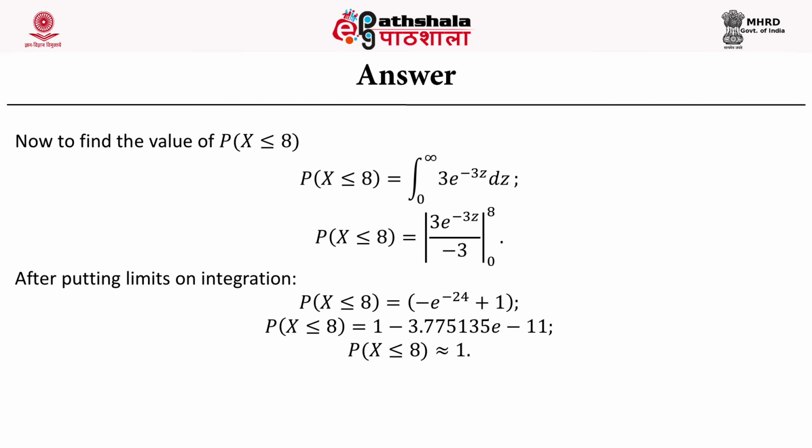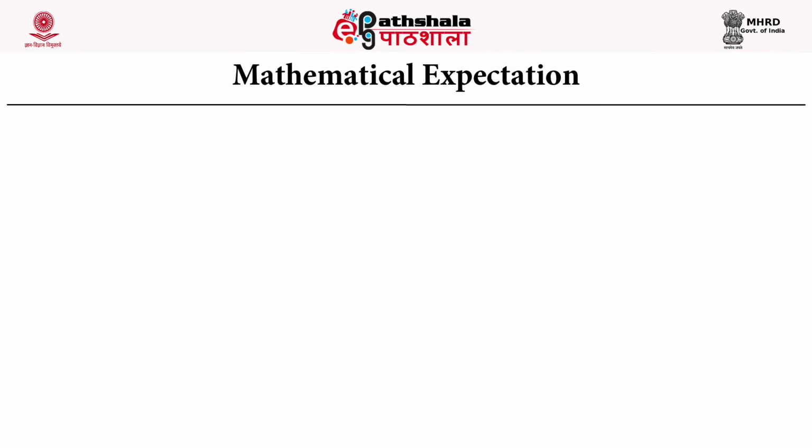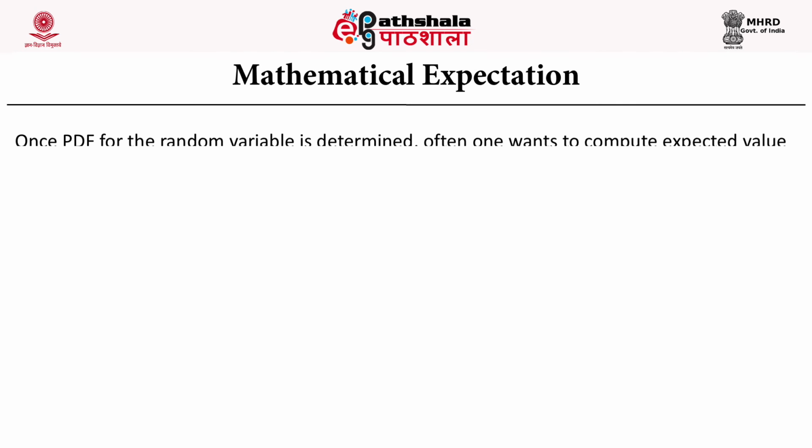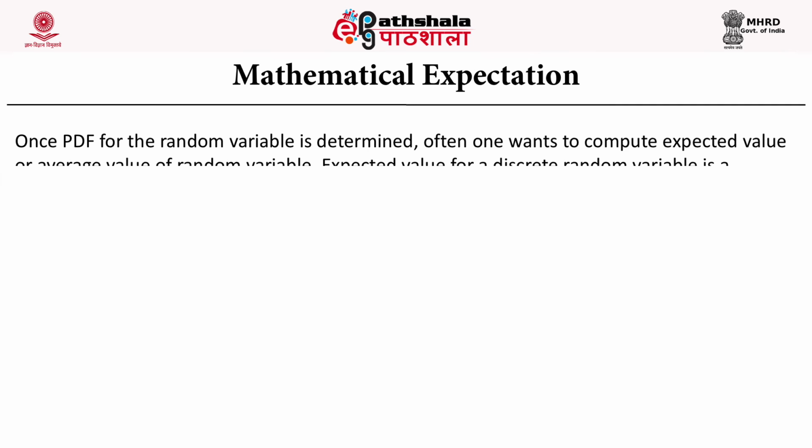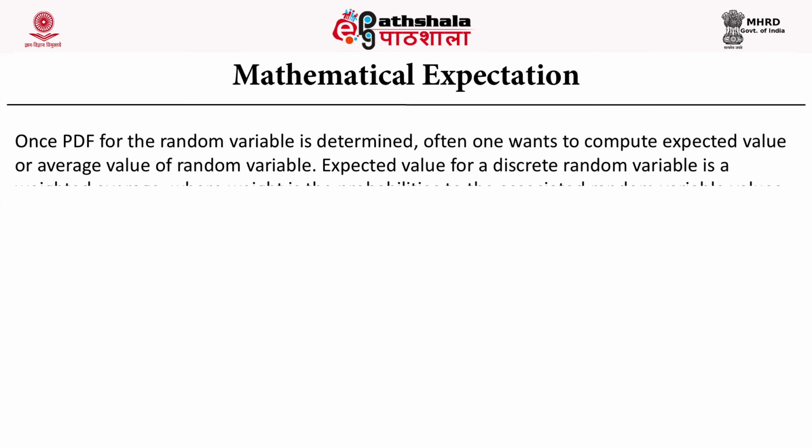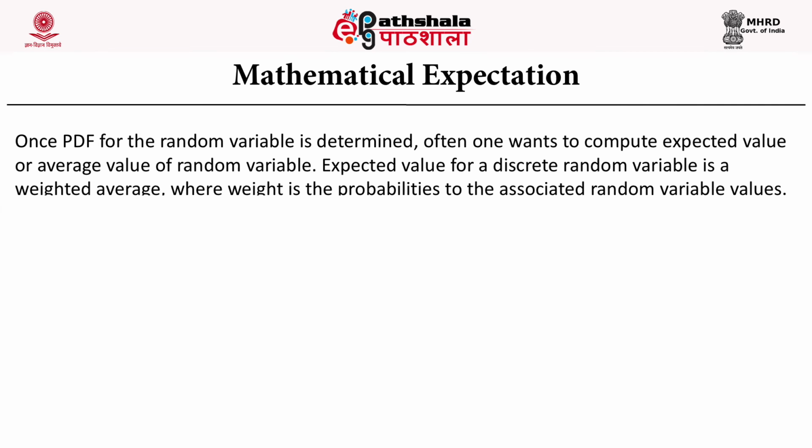Now in this section we will discuss mathematical expectation. We already discussed the PDF for the continuous random variable and the PMF for the discrete random variable. Now we consider other properties of these variables, termed mathematical properties.